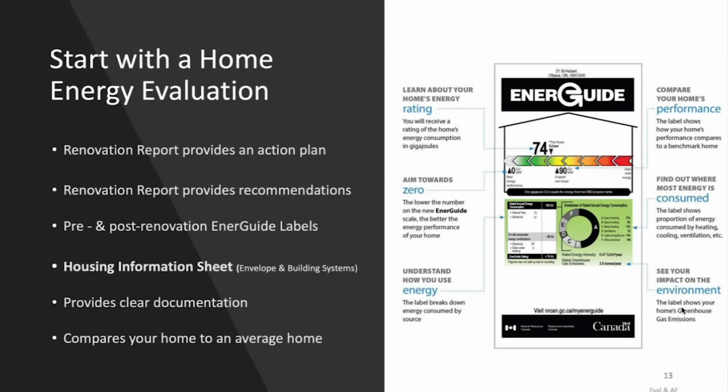And then they'll also go into detail about that improvement as well. So you actually get quite detailed information that you can then use to determine what you want to upgrade and how you want to upgrade your home going forward. So it gives you a lot of information that you can use.